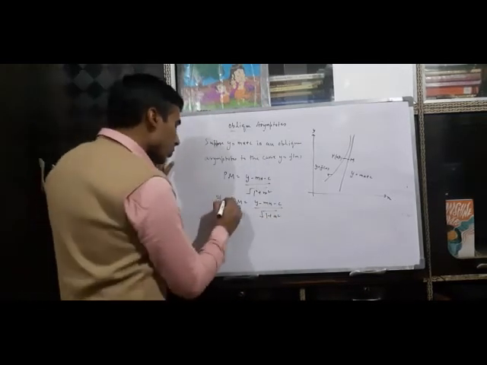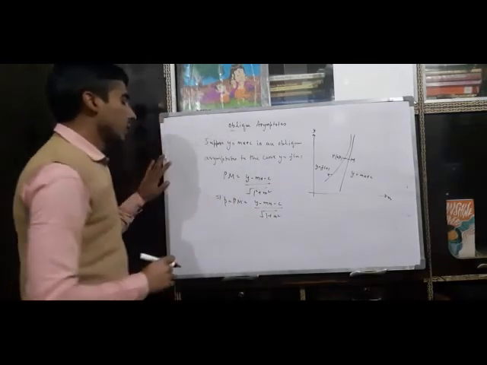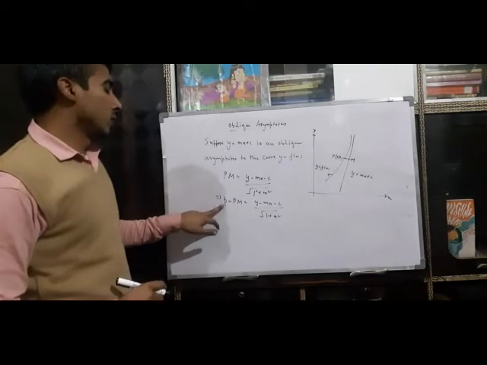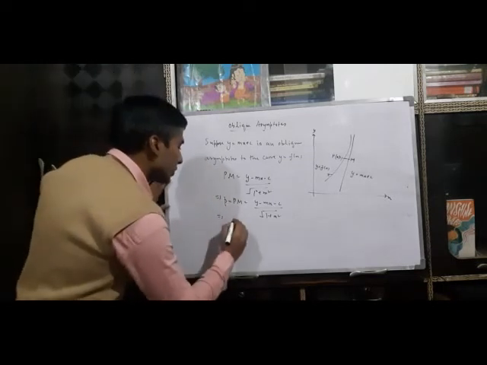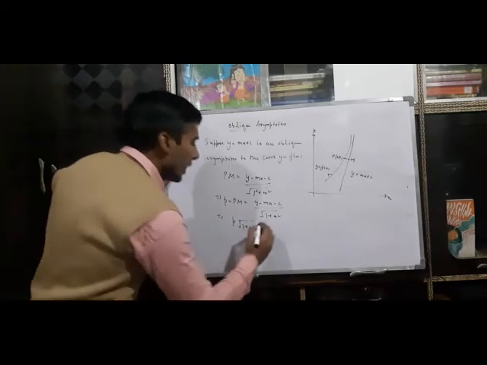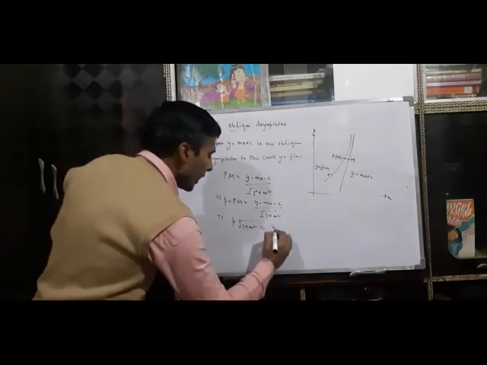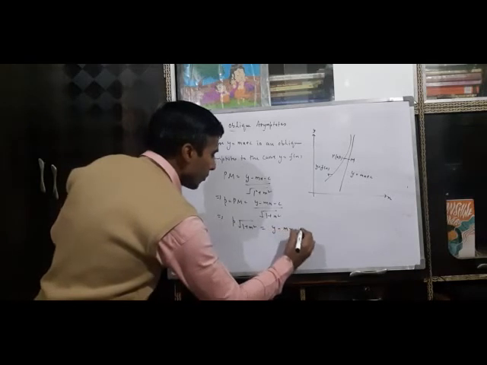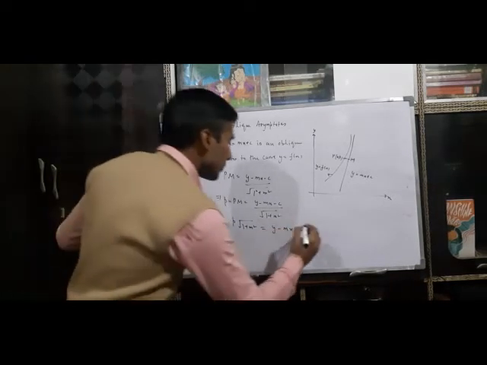Let us denote this perpendicular distance by symbol p. So we can rewrite this equation as p root 1 plus m square, which is equal to y minus mx minus c. This is equation number 1.